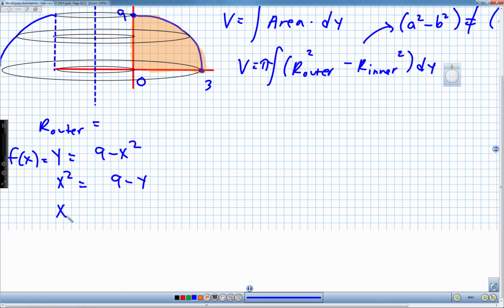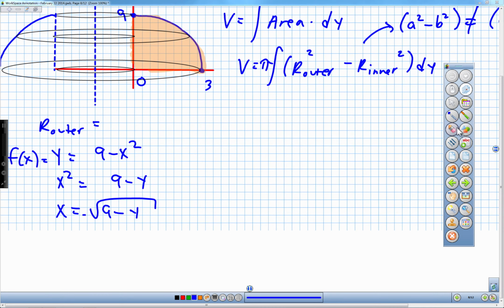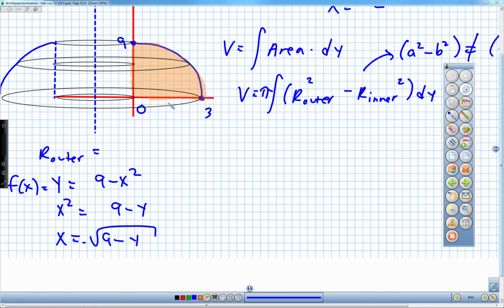Then x is equal to the square root of 9 minus y. Technically speaking, this would be plus or minus the square root of 9 minus y, but I'm not wanting the negative version. I only want the positive version of what I'm seeking to solve for here. So this is the only one I'm looking for.